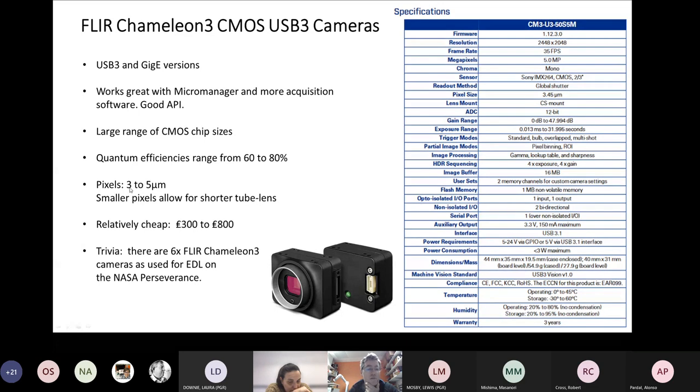But the overall result is actually a more compact system with the same sampling resolution that you would have with a more expensive camera system. And these are much cheaper. It depends on the chip size you choose, but I think the ones we went for are roughly £700, something like that.